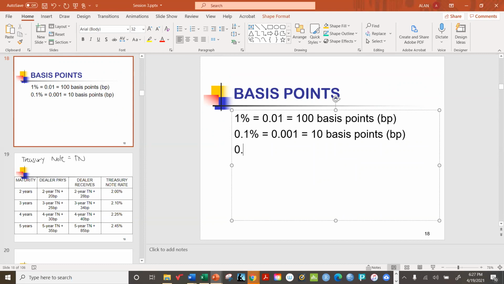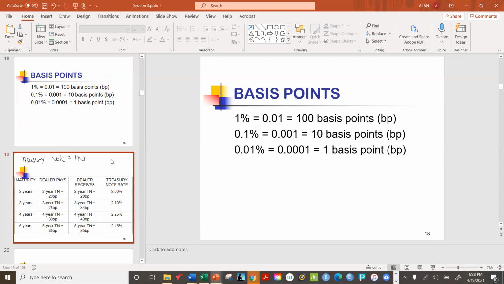And then finally, 0.01% is 0.0001 or 1 basis point. So that's what they're called on Wall Street. It works for them. They decided to call them basis points. So when you see something like that written down, then you know what they mean.